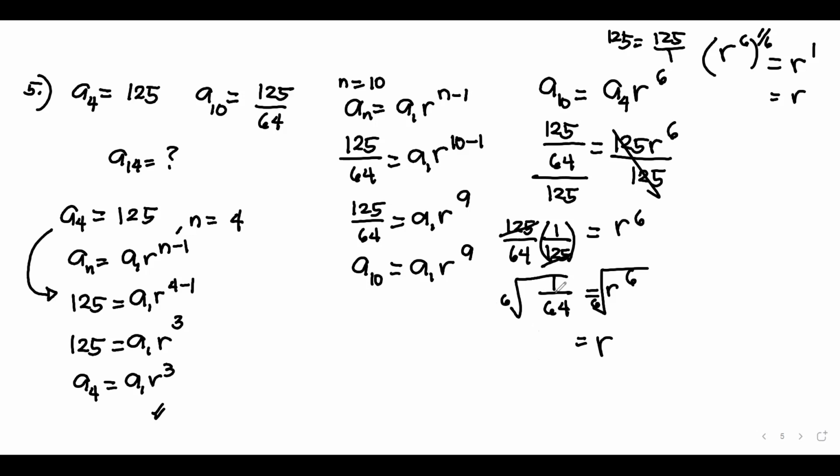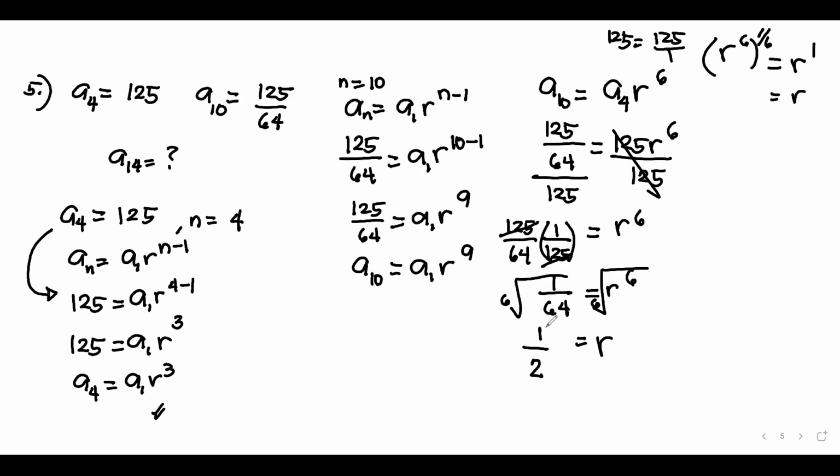So the 6th root of 1 is 1, because when we multiply 1 6 times by itself, the answer is 1. Over the 6th root of 64: the answer, class, is 2, because when you multiply 2 6 times by itself, the answer is 64. So it's like 2 times 2 times 2, 8 times 2, 16 times 2, 32 times 2.